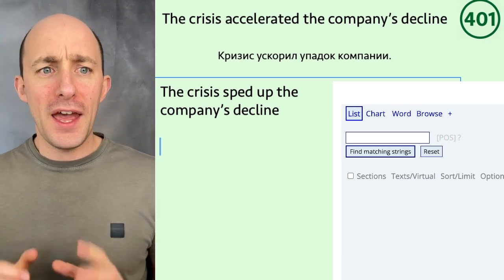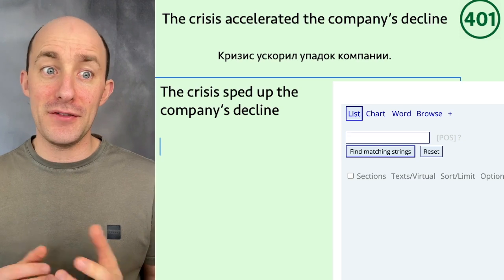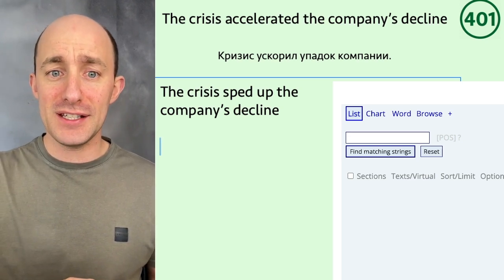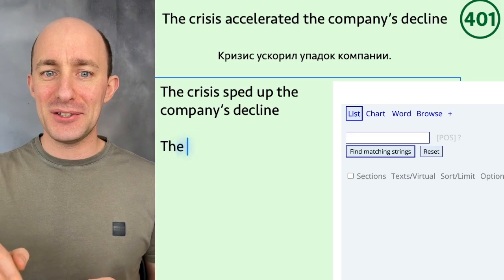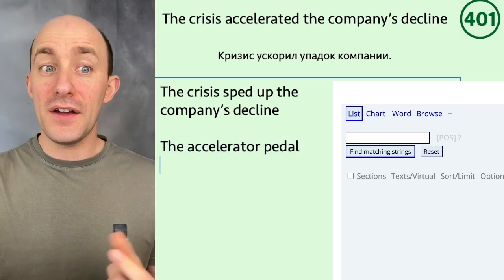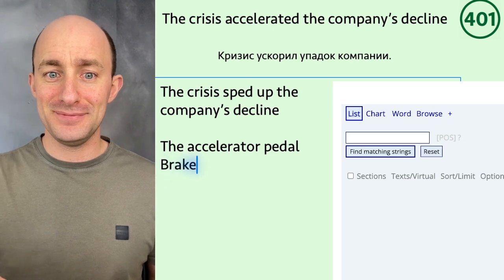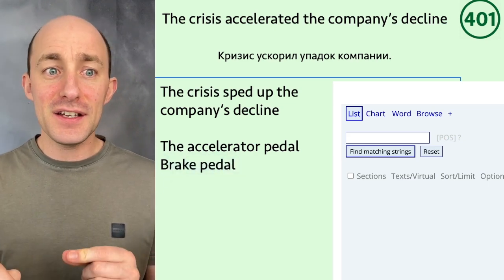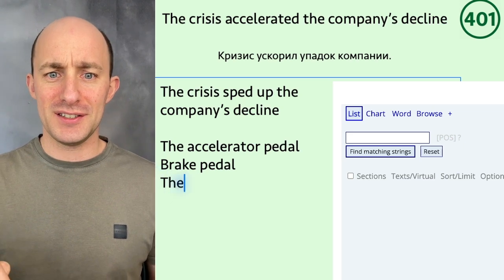And in a car, if it's a car with manual transmission, then there are 3 pedals. There is the A pedal, the accelerator pedal, there is the B pedal, the brake pedal, and the C pedal, which is the clutch.